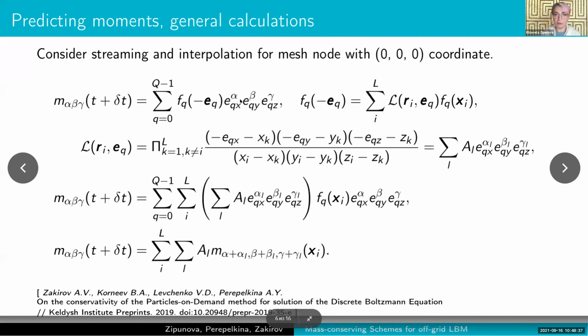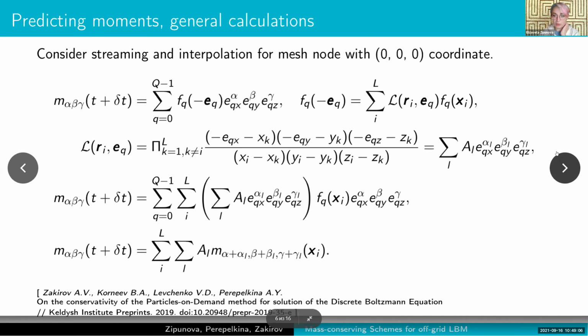By the definition of moments M, after streaming, we'll calculate moments on the next time layer using this sum. At the same time, the discrete distribution functions used in this sum will be interpolated using the Lagrange interpolating polynomial. Our streaming point depends on discrete velocity, so interpolation coefficients are discrete velocity polynomials.